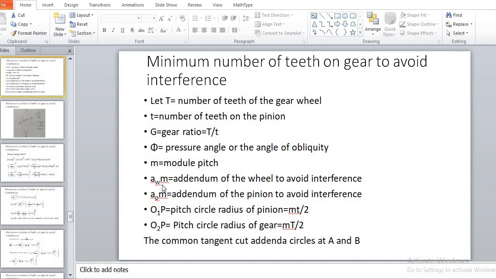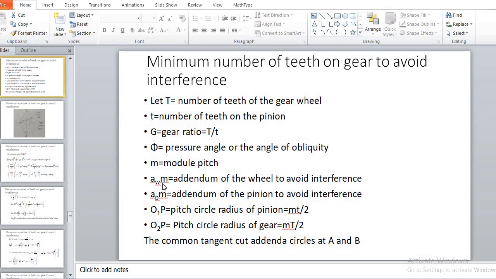So it is a multiplication factor to the standard addendum of one module for that gear, so that we can avoid interference.